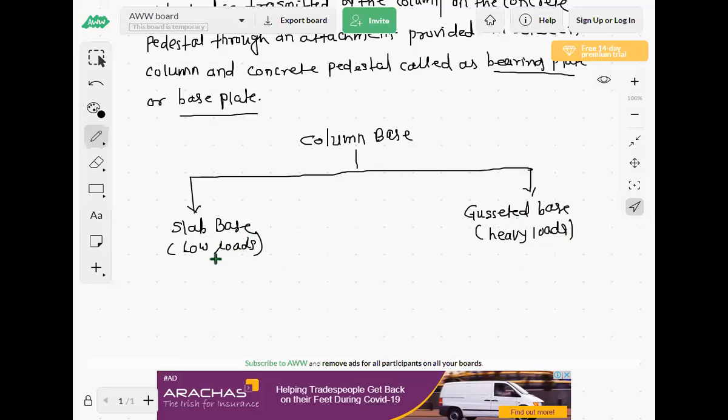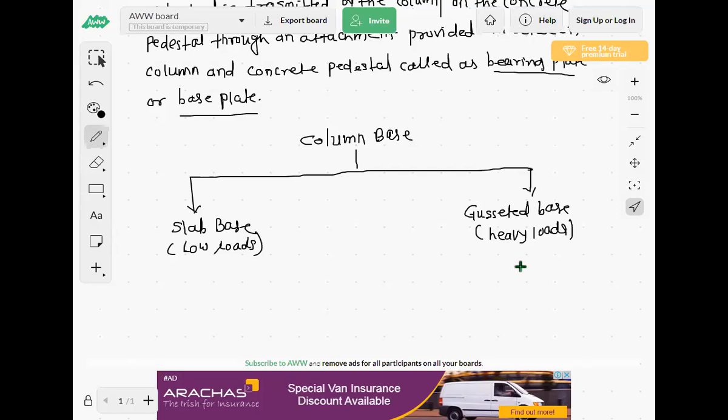The slab base is used for low loads and the gusseted base is used for heavy loads. These two bases are used below the column. We have designed the column in unit number 4, so this column is resting on this base.